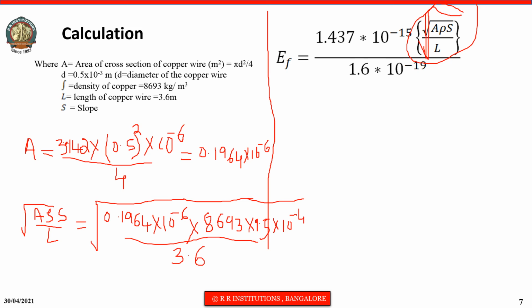Length is 3.6. So substitute it. The answer comes out to be 6.7 into 10 to the power of minus 4.